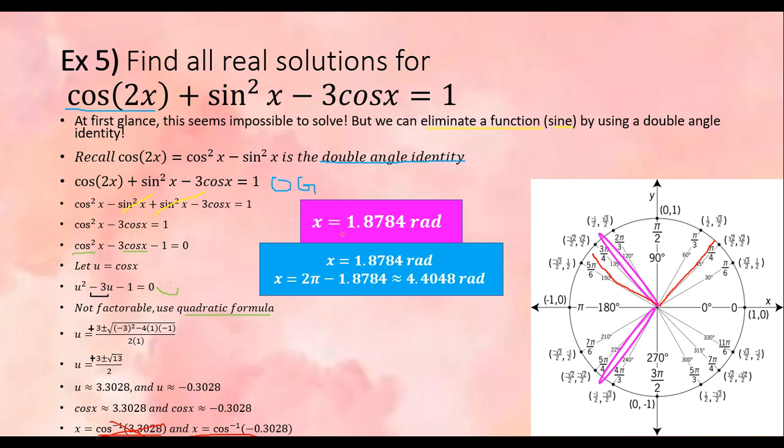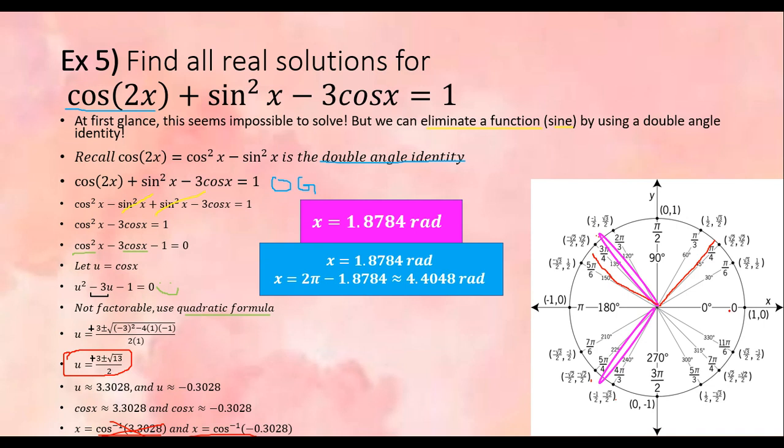So the intersection points, 1.8784 radians, are going to be these two specific values. You get 1.8784. Now to find this value over here, we're going to have to take our reference angle and subtract it from 2 pi.